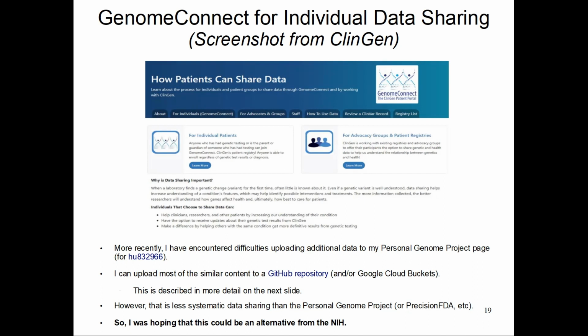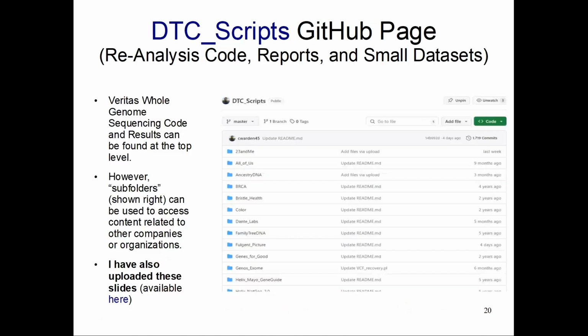To explain what I have now and what I think can be of use to people who want examples of results before they try something out, this is a screenshot from my GitHub page. This is not how other people are necessarily going to do it, but this is how I do it. I have folders for different companies or organizations.